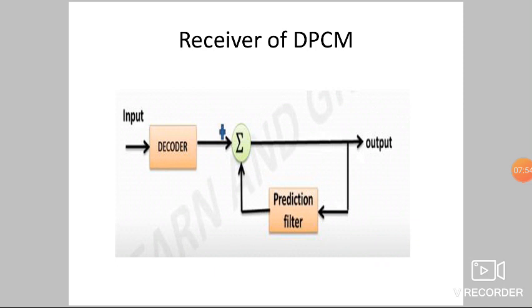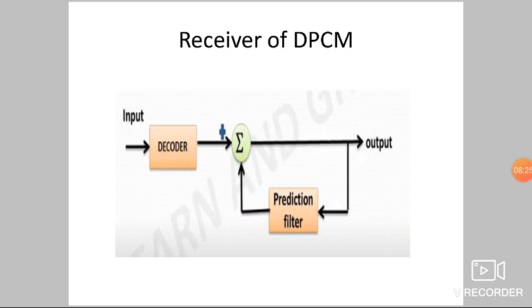Now we come to the receiver of DPCM. In order to reconstruct the received digital signal, the DPCM receiver shown in the figure consists of a decoder and the prediction filter. In the absence of noise, the encoded receiver input will be the same as the encoded transmitter output. As we discussed above, the predictor produces a value based on previous outputs.